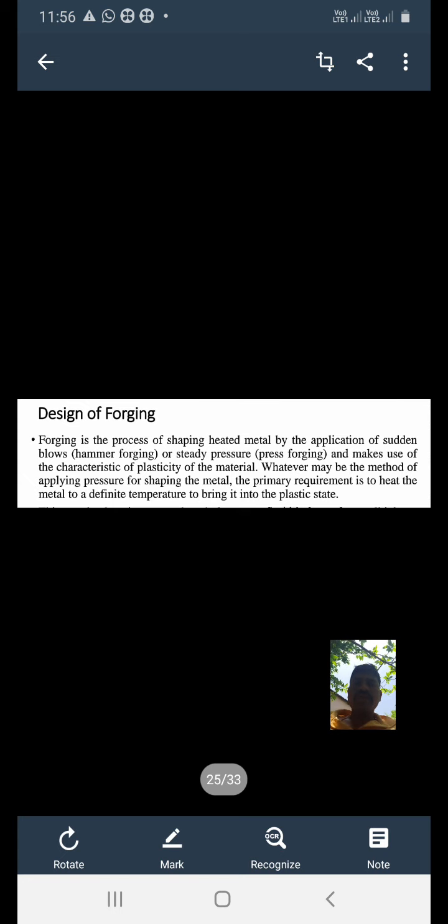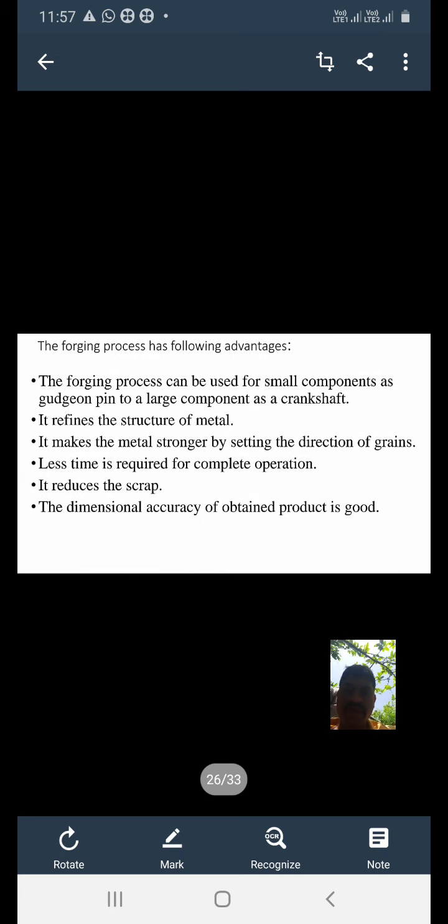For example, it is used for making engine crankshafts, connecting rods, gears and jet engine and turbine parts, and aircraft structural parts are made by forging.